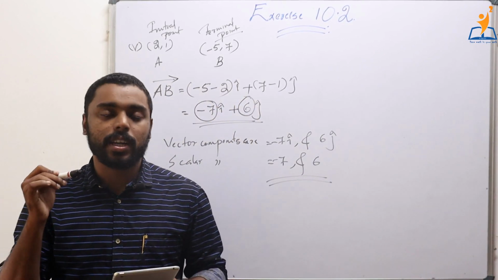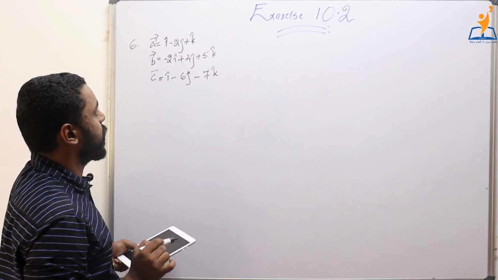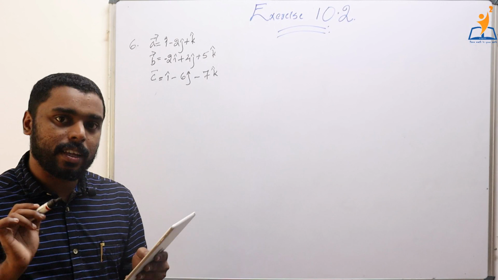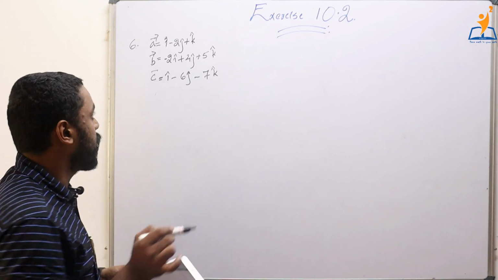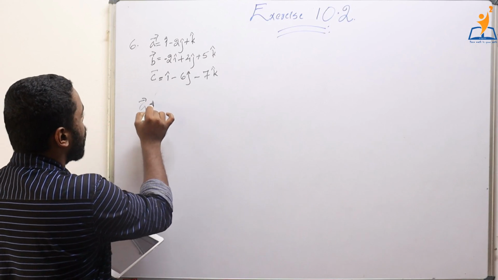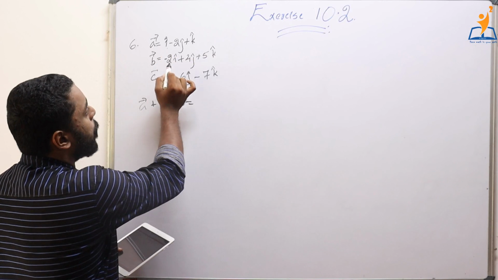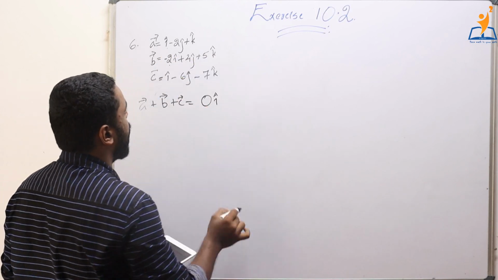Now we shall move to the 6th question. The 6th question is, find the sum of these 3 vectors. And we know that in order to find the sum of 3 vectors, it is enough to find the sum of the corresponding components and form it into a vector. So we shall find vector A plus vector B plus vector C: for i cap, 1 - 2 + 1 = 0 i cap.